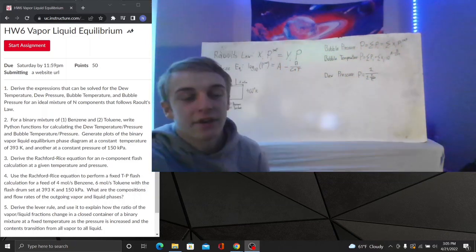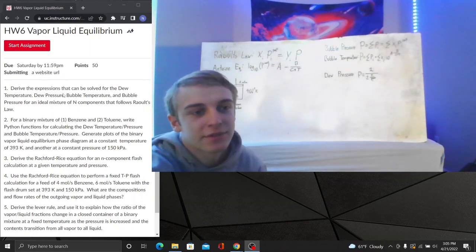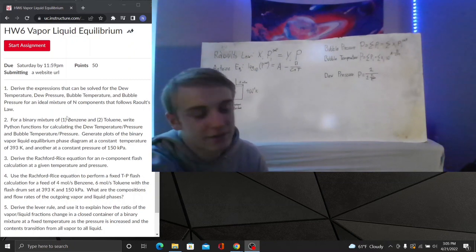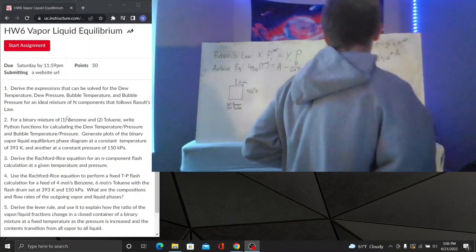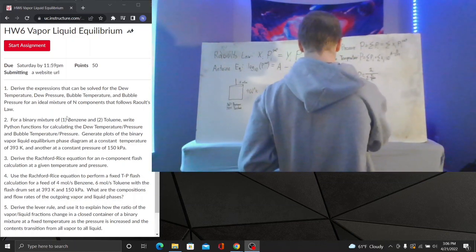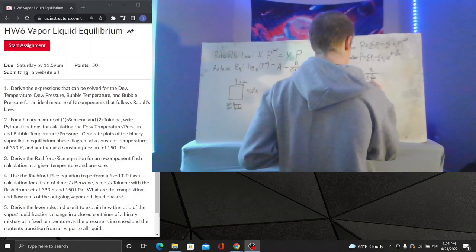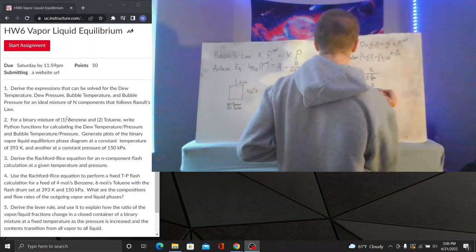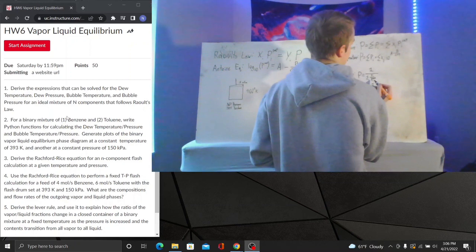for the dew pressure. So now finally we will get our equation for our dew temperature the same way that we got it for our bubble temperature. So we're just going to be taking our dew pressure equation and we will be substituting in the Antoine equation with our T in it for our pressure here.